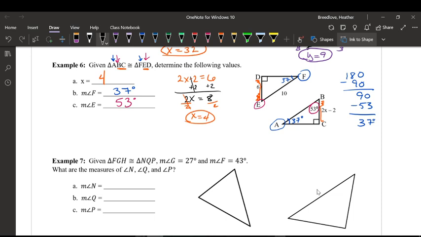Okay, so FGH. I just assigned 3 letters to the first triangle. And then NQP, I'm going to assign them to the other one.